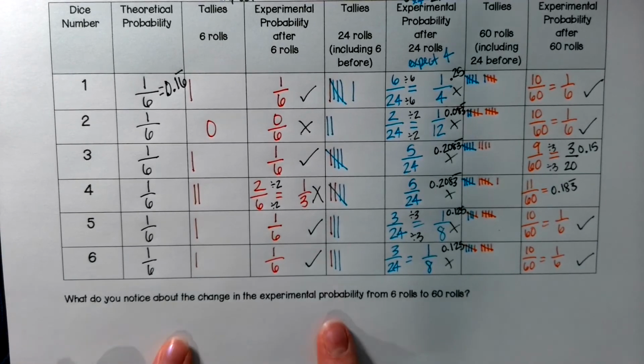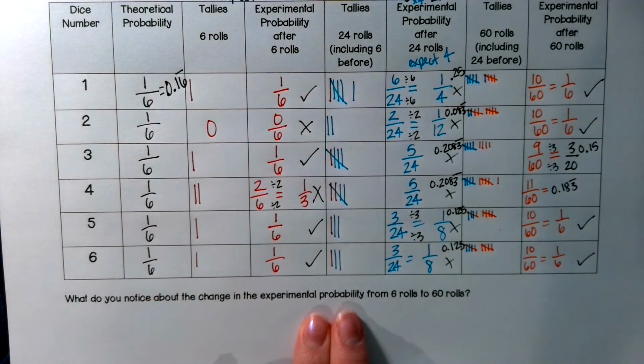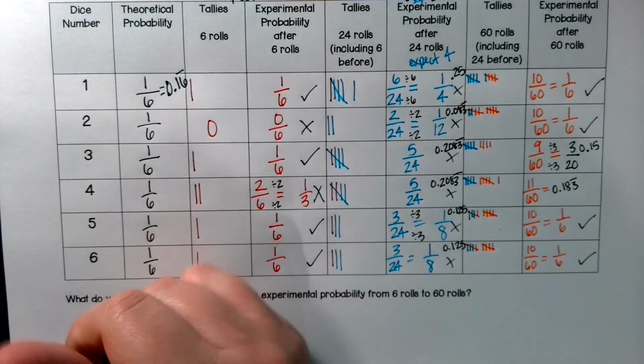So if we come down here and look at the question, it says, what do you notice about the change in the experimental probability from 6 rolls to 60 rolls? And that's exactly what we just talked about.